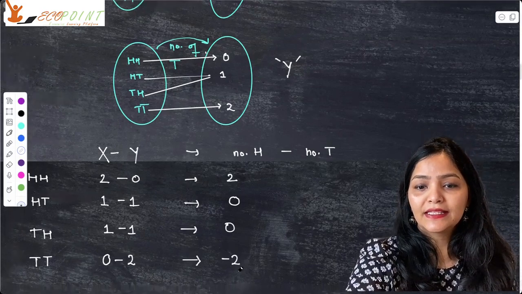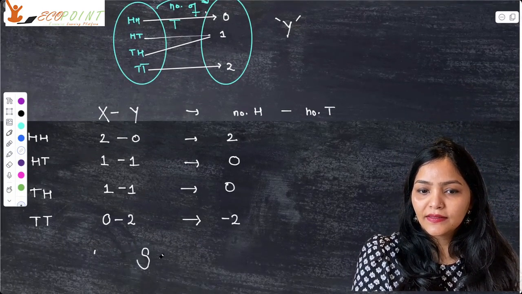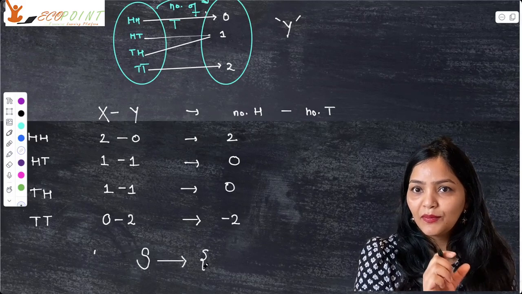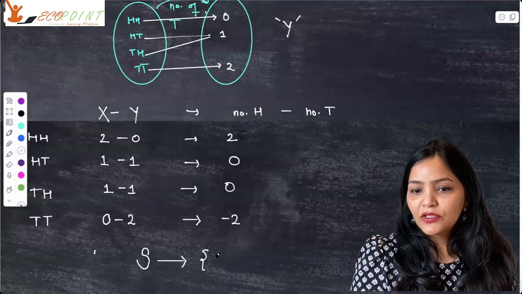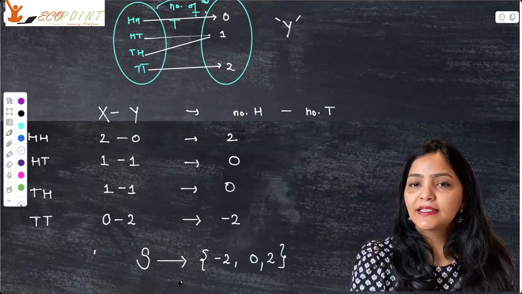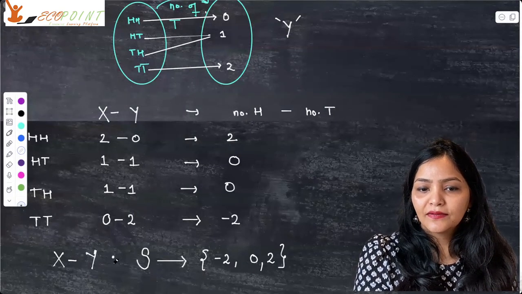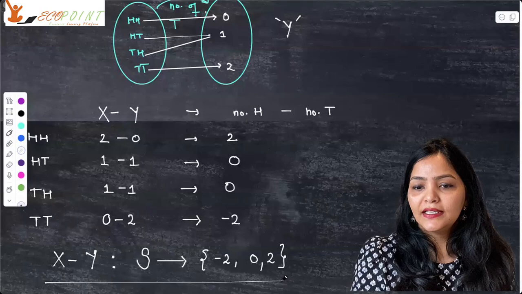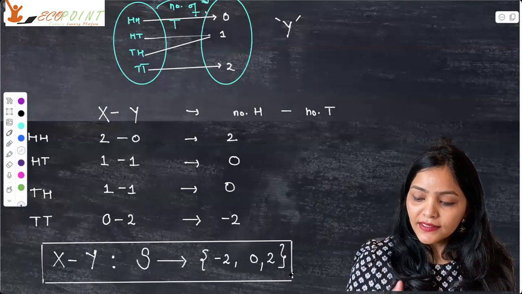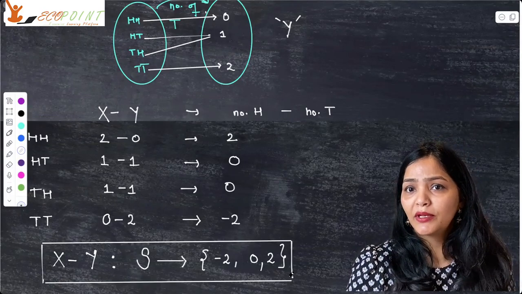So this time again your domain is S, the sample space, and the mapping is 2, 0, 0, minus 2. That's the range. So the function is X minus Y, the domain is S, and the range is minus 2, 0, 2. This is how you can generate a lot of random variables from just one experiment itself.